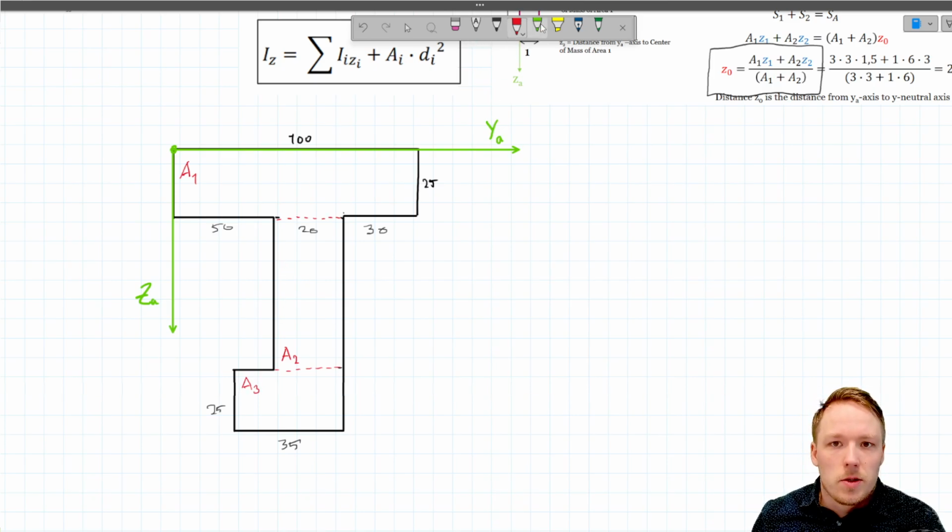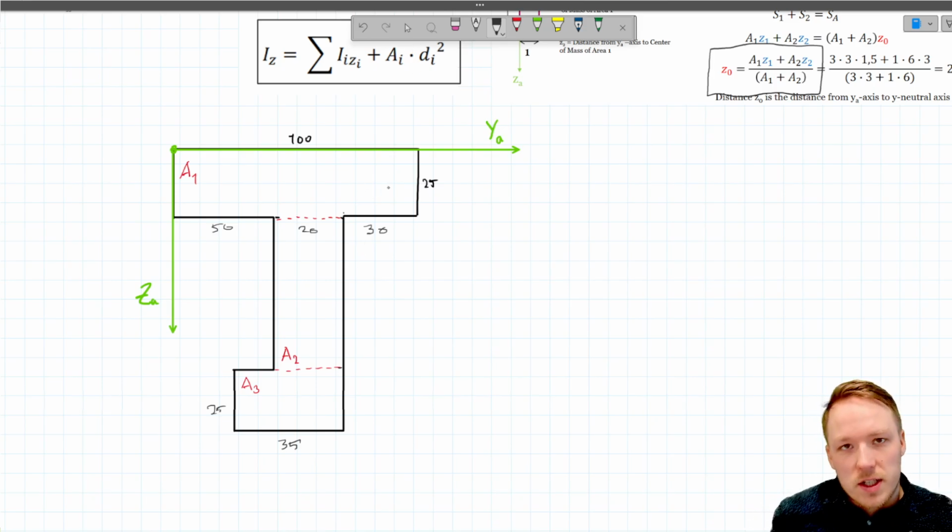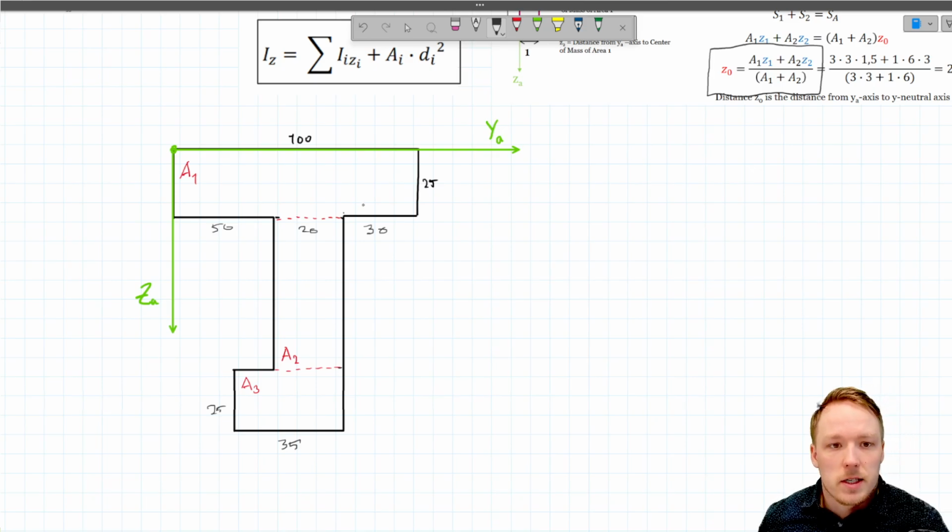The next beneficial step is to draw the location of the centroids, or center of mass, of these areas. Because we divided this cross section into rectangles, it's very easy to see where the centroids will be. For area 1, it will be here. Area 2, here. And area 3, here, like so.